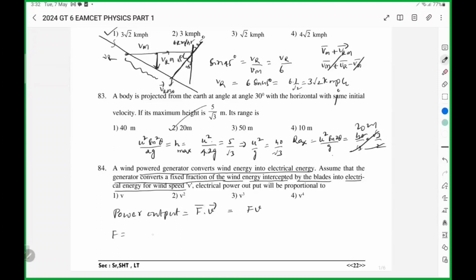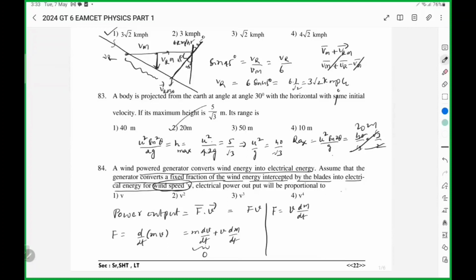Force here is the rate of change of momentum, m dv by dt plus v dm by dt. The wind speed v is fixed, so dv by dt is 0. F is equal to v dm by dt.